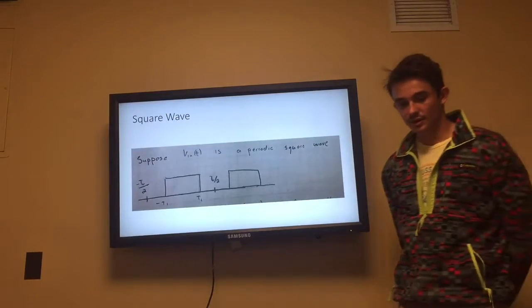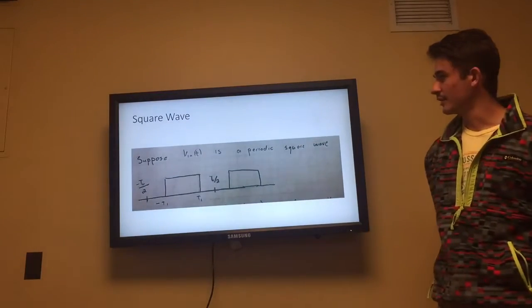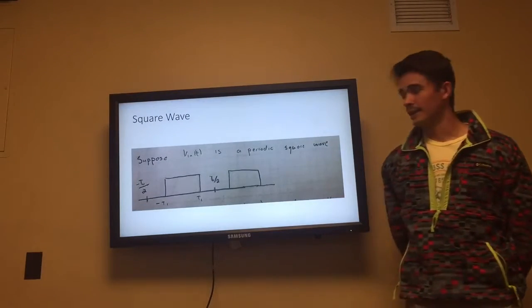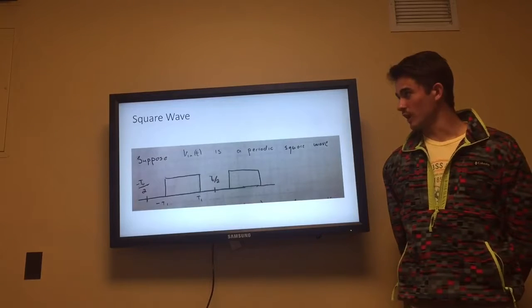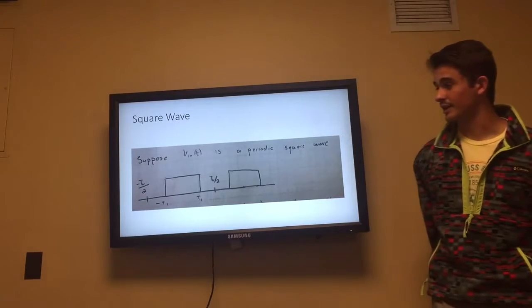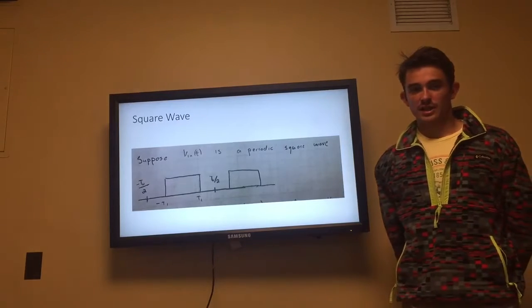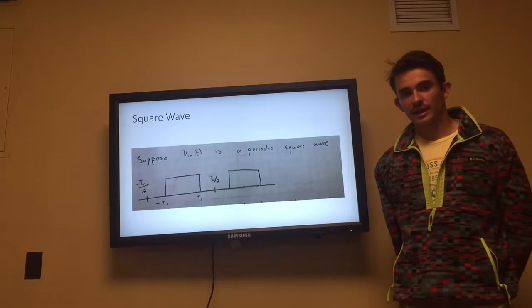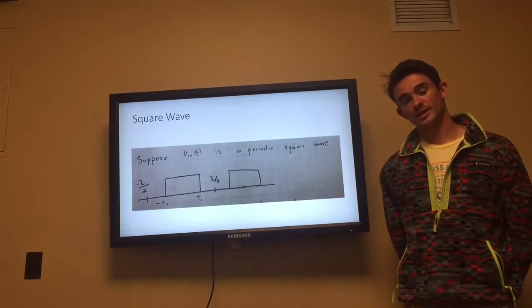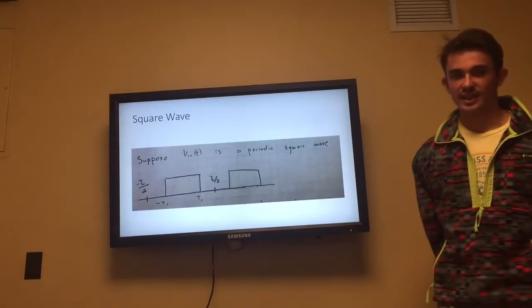Now suppose v in of t is a periodic square wave. Since it's periodic, we can write it as a Fourier series. So we rewrite it as a Fourier series, and just like usual, what we'd expect is that we get a square wave out as well, times some frequency response, and that's exactly what happens.